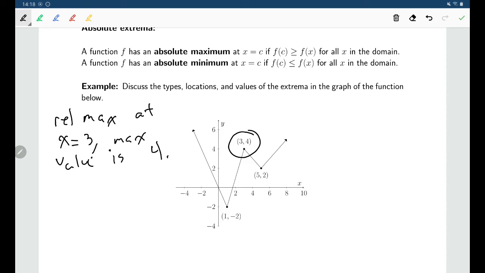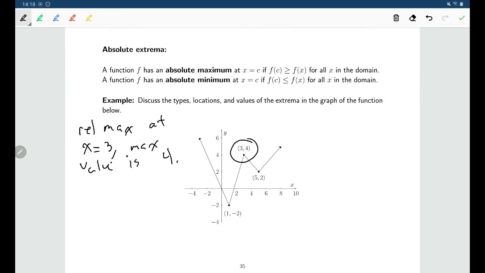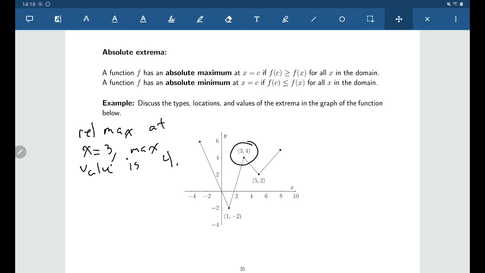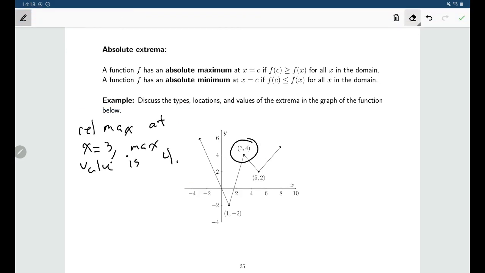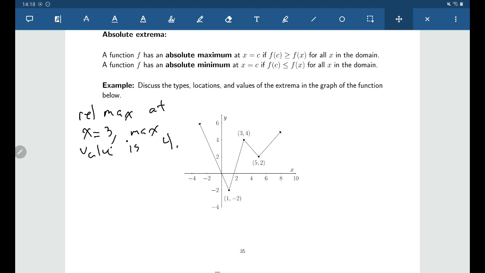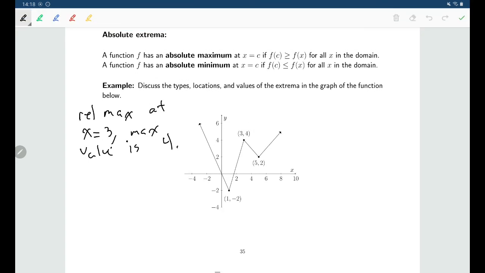And if we're thinking about relative minima, same sort of thing could be said for those ones as well, which is that for relative minima, you have 2 points in particular. We have the point (5, 2) and the point (1, -2). And for both of those, these are both smaller than anybody else in their nearby vicinities. So we have 2 relative minima.